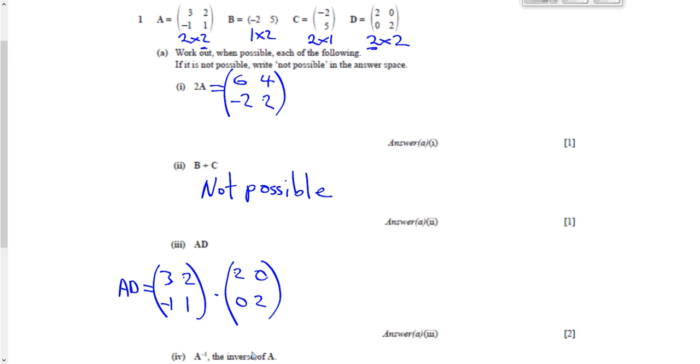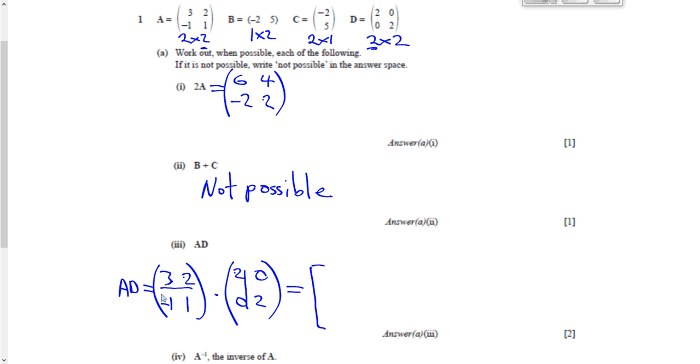Okay? So, again, it's row by column. We always have to remember row by column. So we're going to multiply this row here by the first column there. So we've got the top row, left-hand side. So that's going to be the element on the top left-hand side.